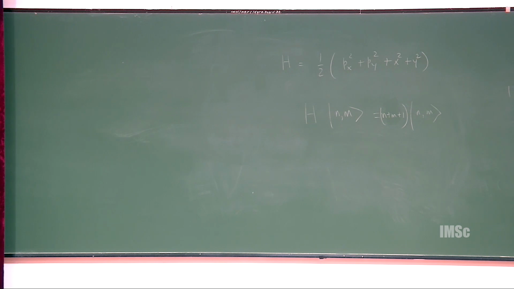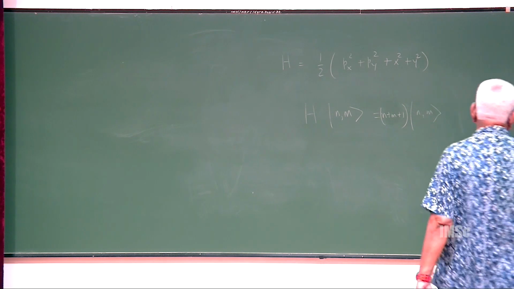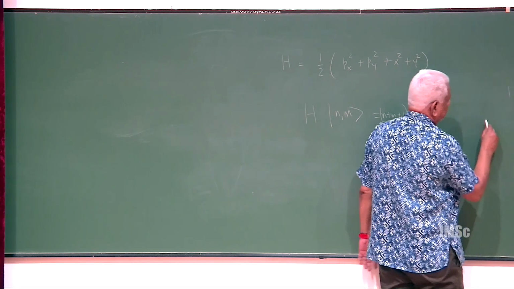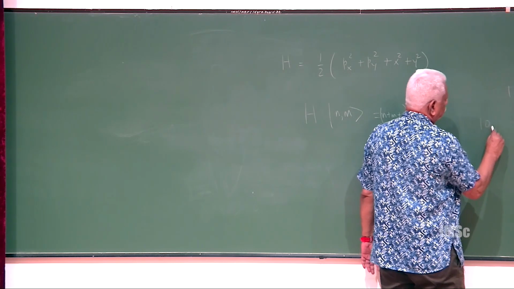From this exercise, I am going to do several things, which I will bother about tomorrow and the day after, as well as angular momentum. So let me go further down. What is the next one?